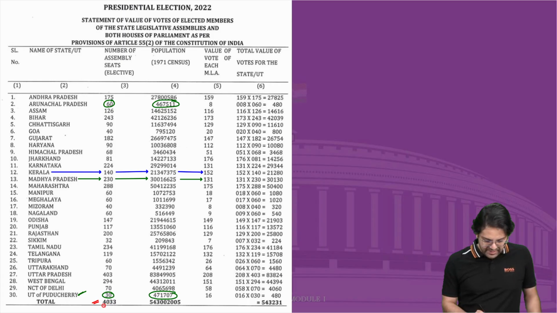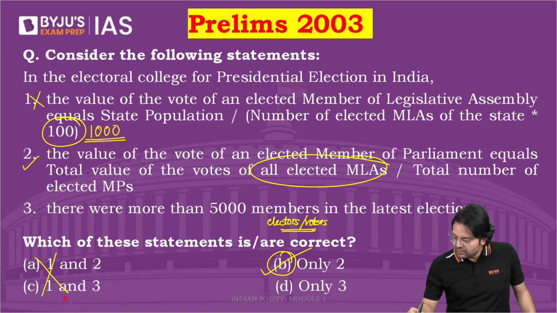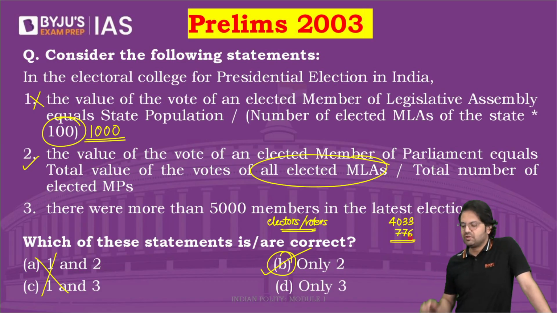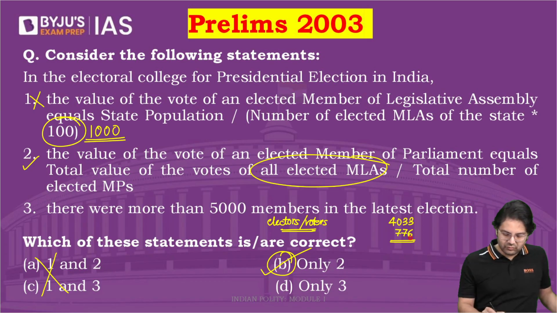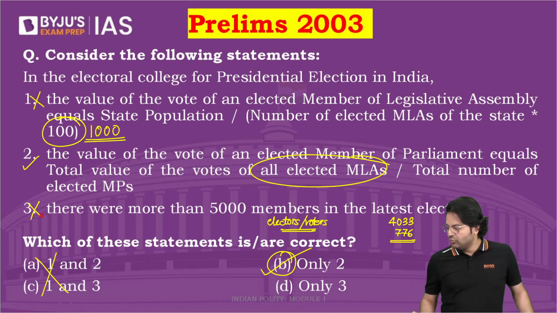So let's add that, 4033 plus 776. So this would give you the total number of voters, which is definitely less than 5,000. So 3 is also wrong. Done. Okay, let's now move on and discuss the topics at hand.